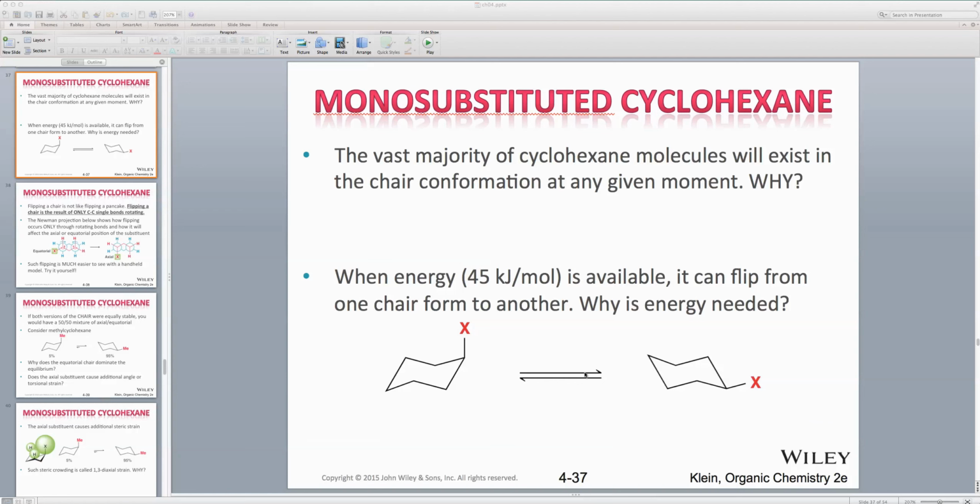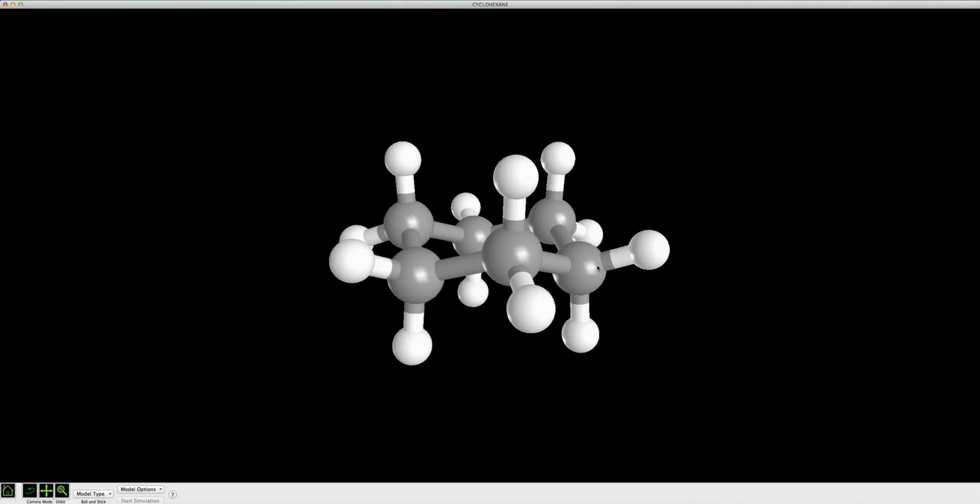Again, as a reference, on page 437, the cyclohexane conformation to the right is more stable than the one to the left because of the lack of steric strain, because of the lack of torsional strain. We can convince ourselves of this just real quick.